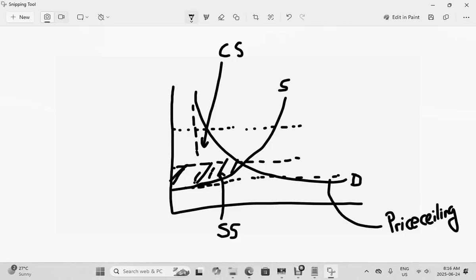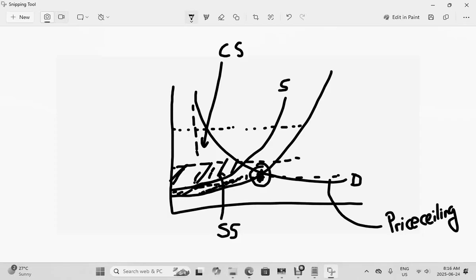Now that there is a price ceiling below the equilibrium point, the supplier surplus will be limited to this area over here, because the equilibrium point will be at the price ceiling.